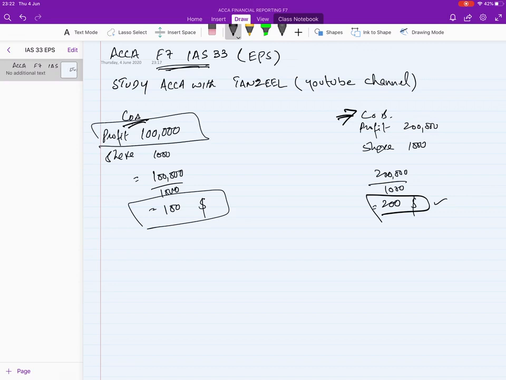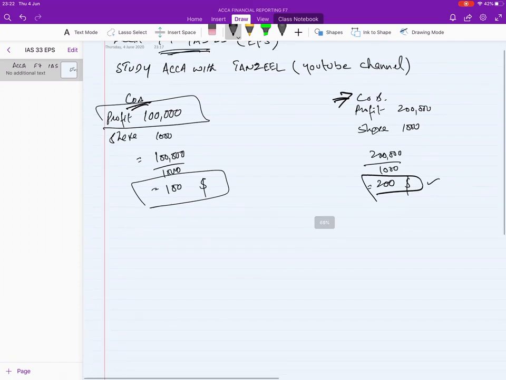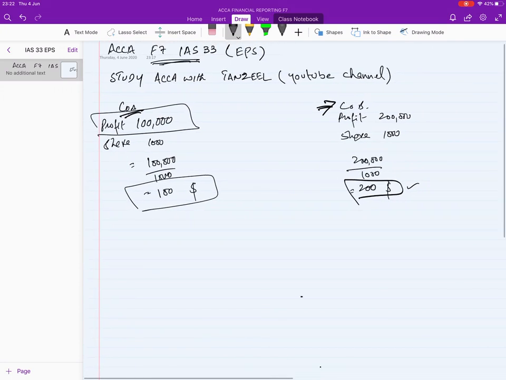So let me look at the profit. If we speak about profit, which profit do we need to take in the calculation of EPS? I'll show you. Which profit needs to be considered? Profit for EPS calculation.